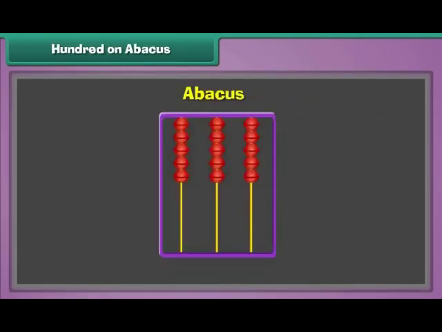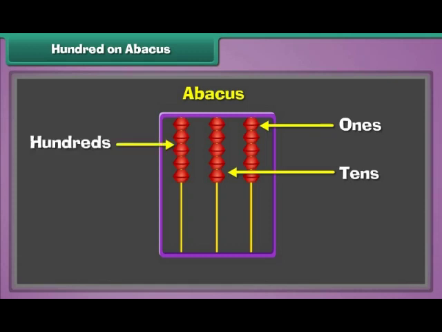100 on abacus. Look at this abacus. It has 3 strings. Each string represents a position. The rightmost string represents the ones place, the next the tens place, and the leftmost the hundreds place.